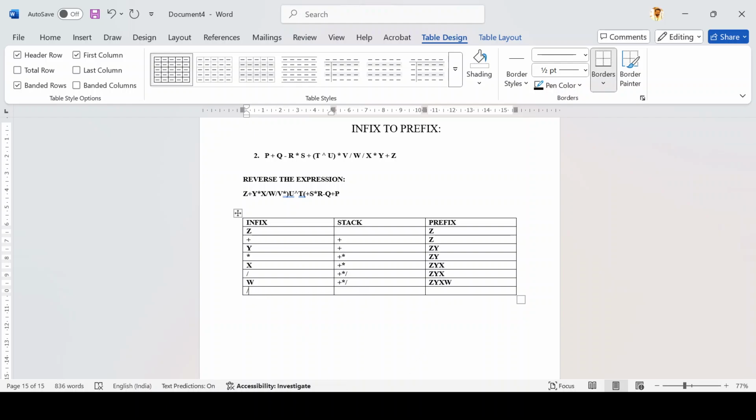If the incoming operator is equal to the top of the stack, then push it into the stack. In the conversion to postfix we did it differently, but for prefix we push it into the stack. So once again W, division, then V. V is a variable, so straight away we can push it into the output side.